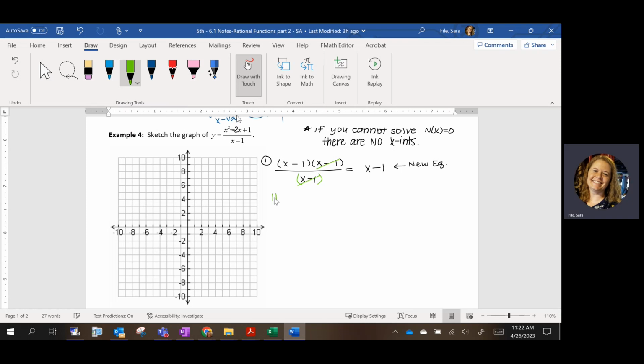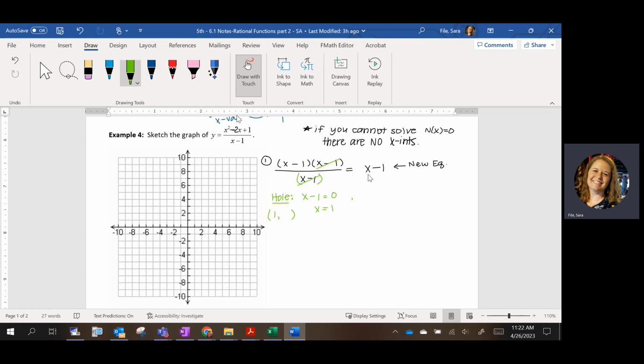Now because that reduced, what does that tell you? There's a hole. So to find the hole, you set the reducing factor equal to 0 and solve. So we get positive 1, right? So the x value of the hole is at 1. Now I need the y value. What do I do to get the y value?